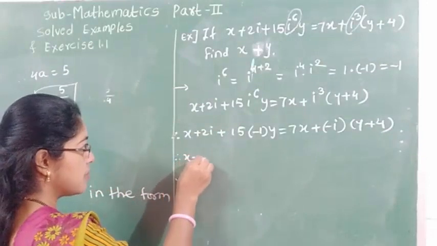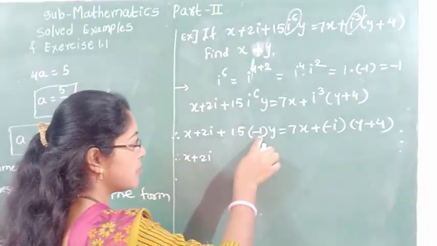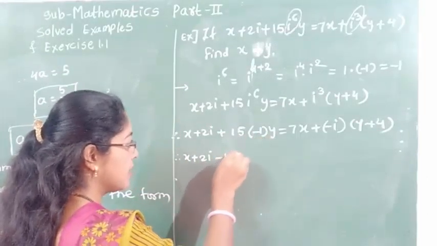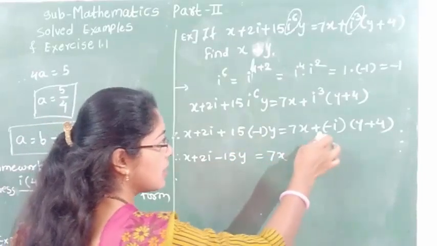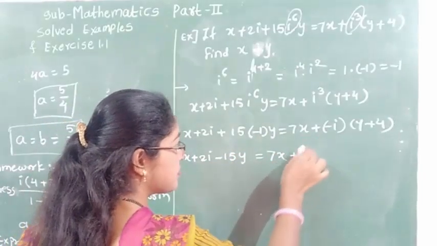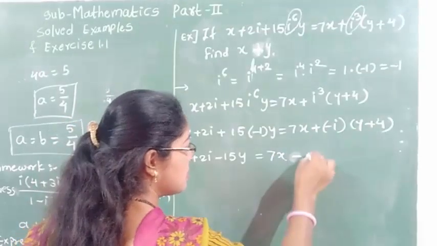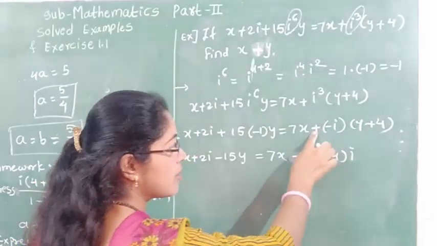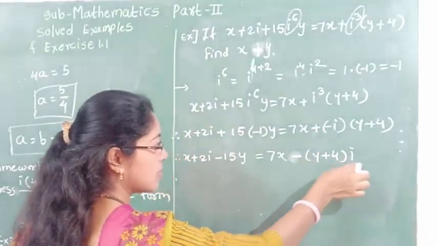So x + 2i minus 15y is equal to 7x minus i into y + 4.